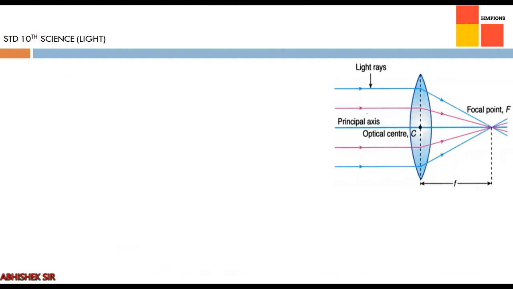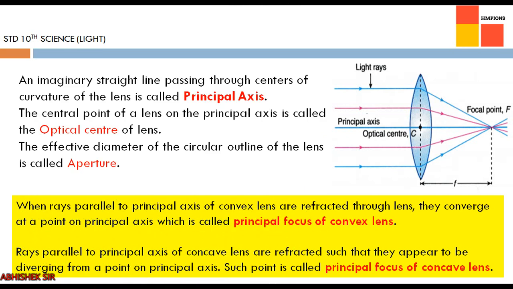Moving on to the next set of definitions, we have the principal axis, which is almost similar to what we have seen in mirrors. A principal axis is an imaginary straight line passing through the centers of curvature of the lens. What is the optical center?